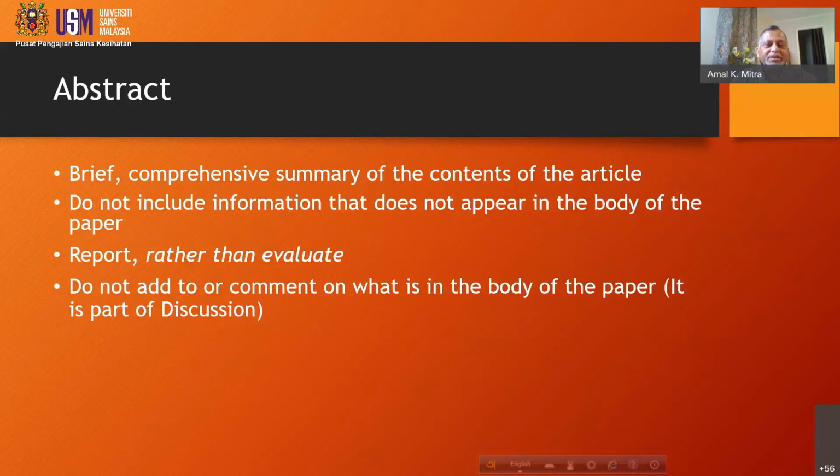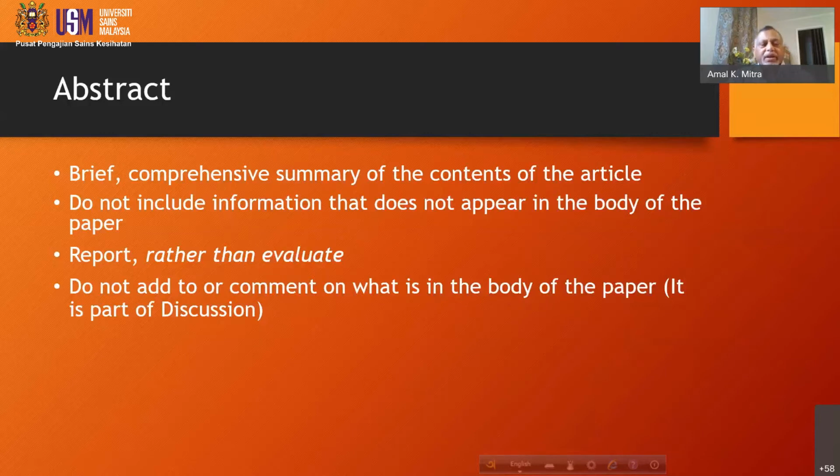Some of you answered the table and figure, and some said the method section, but definitely not the abstract first. Abstract we write towards the end of writing the paper, but it appears immediately after the title page.